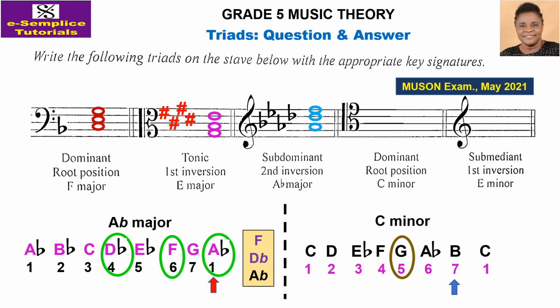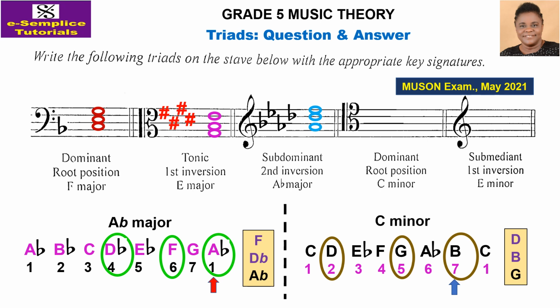So we are going to have that fifth degree followed by the seventh degree followed by the second degree. Now we are writing root, so let's just go ahead and stack. We'll have G, B, and D.